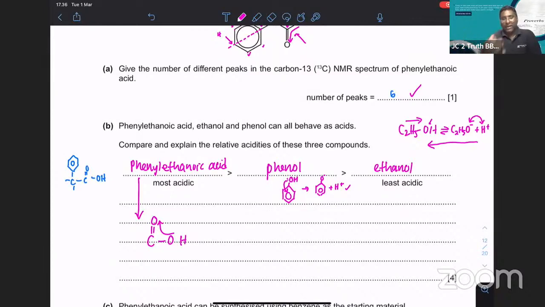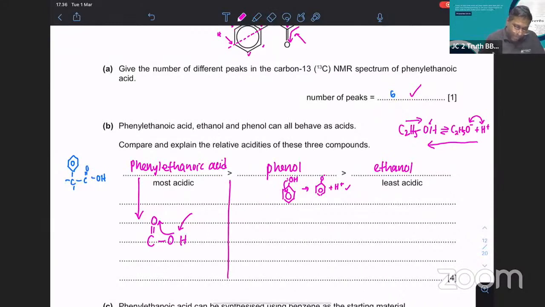They are going to take the electrons and form the delocalization along the oxygen, carbon, and O. So that is going to weaken the bond between O and H. That is the first explanation, so the H plus is able to be given easily.